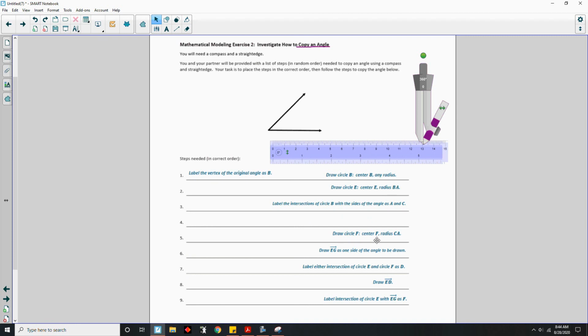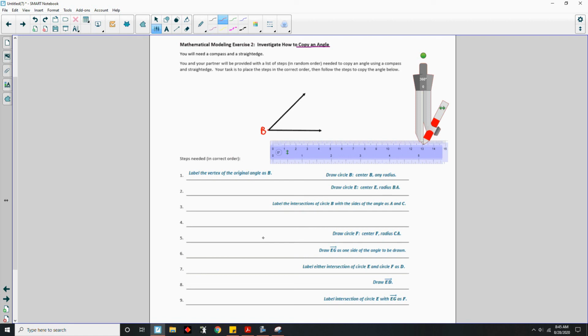Draw circle F centered at F. Can't. Draw ray EG. There are no letters. Label intersections of circle. Can't. Draw ED. No letters. Label intersections of circle E. There are no letters, so this is the only thing I can do. Label the vertex of the original angle as B. So there's a vertex here. I'm going to call it B.